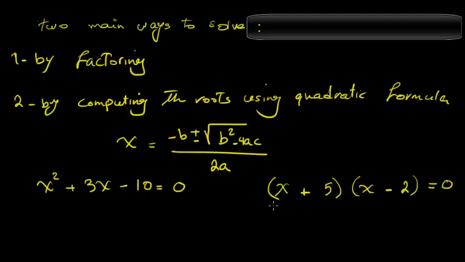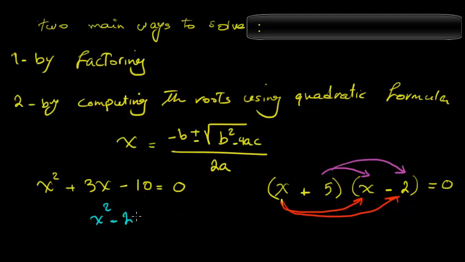We can use the FOIL method, and that is we multiply this one. Let me change the color. We multiply x by x, and then we multiply x by minus 2, and then we multiply 5 by x and 5 by minus 2, right? So x times x is x squared. x times minus 2 is minus 2x.